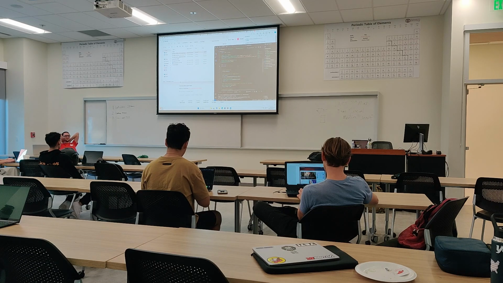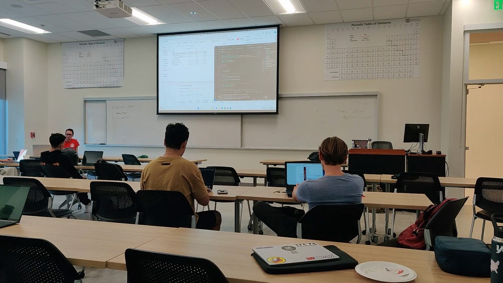Yep. It is literally a graph calculator. So, you see this graph right here? This is the function I have in the actual program. Right now, this is the formula, except x is r.